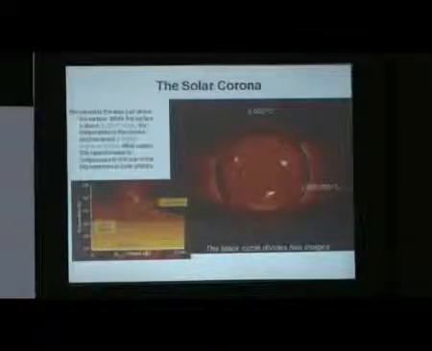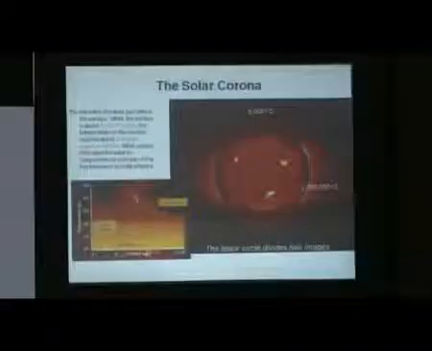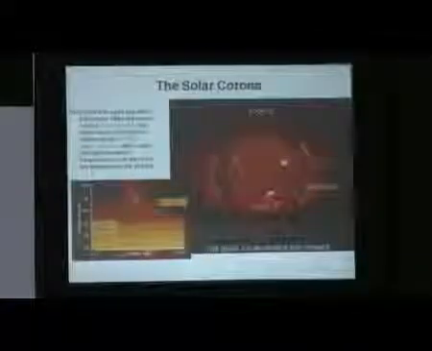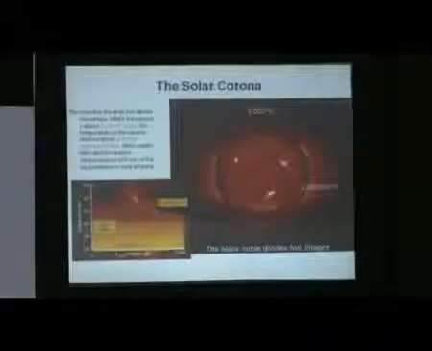If you look at the sky every day, what you see is the photosphere, the visible surface, at about 6,000 degrees Kelvin. But if you go to the atmosphere of the sun, like Earth has its atmosphere, the sun has its atmosphere as well, then the temperature again increases.